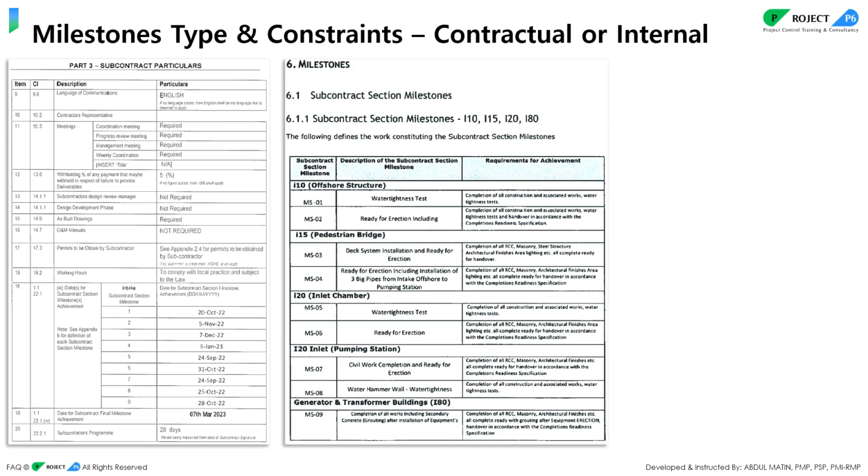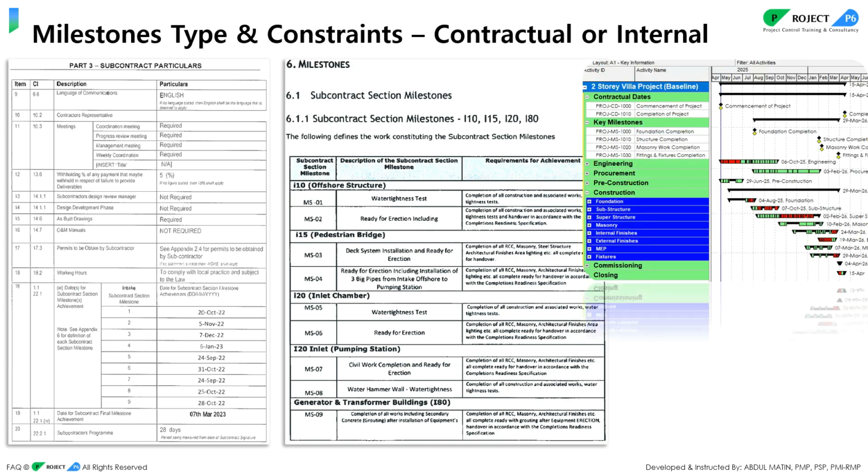We call it a contractual milestone. And for some internal milestones, probably for this two-story building, you see here the foundation completion. Okay, when the foundation will be completed, rather than going to the task level, under the key milestone WBS, we can easily find when the foundation will be completed, when the structure will be completed, when masonry work will be completed, and when the fittings and fixtures will be completed.